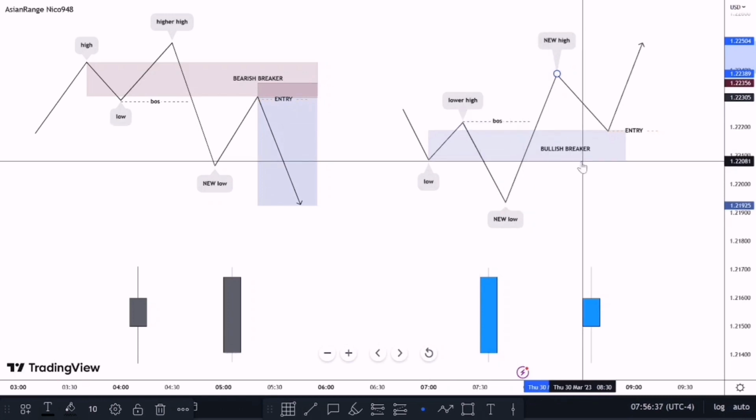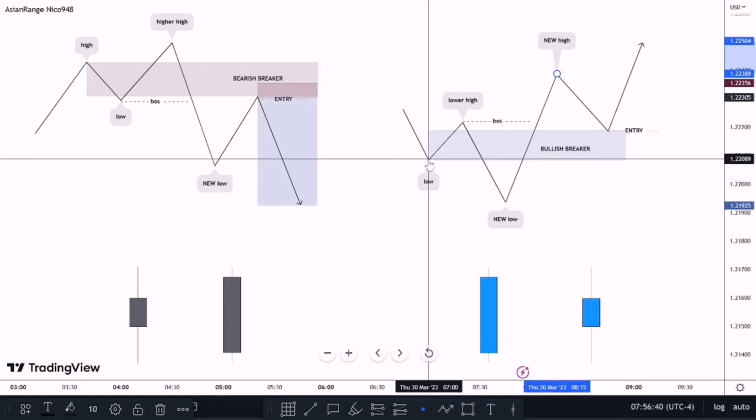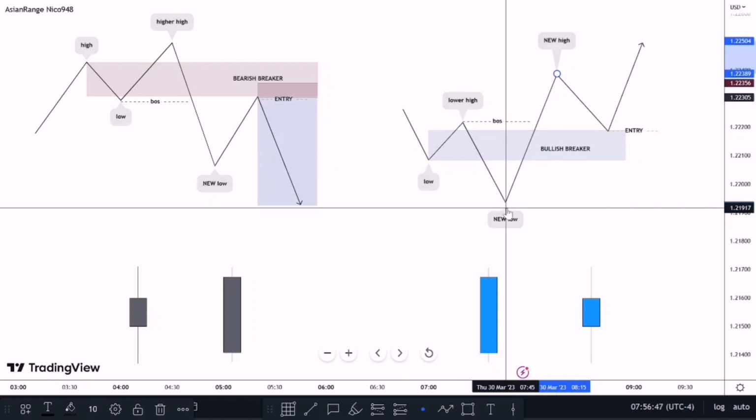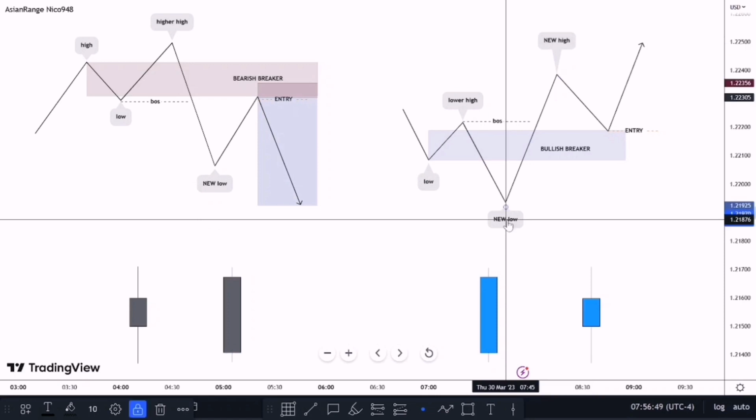What will make our bullish breaker zone will be the up candles or bullish candles within the range between the low and the lower high, which created the new lower low, right?